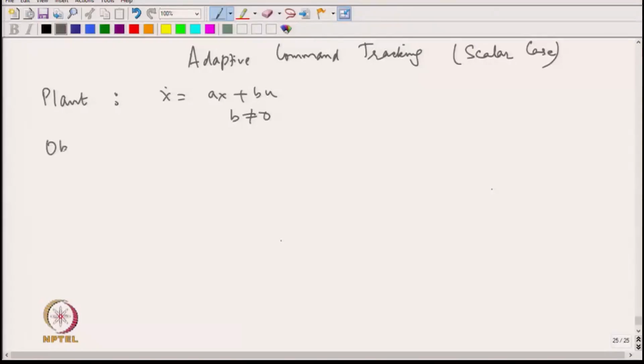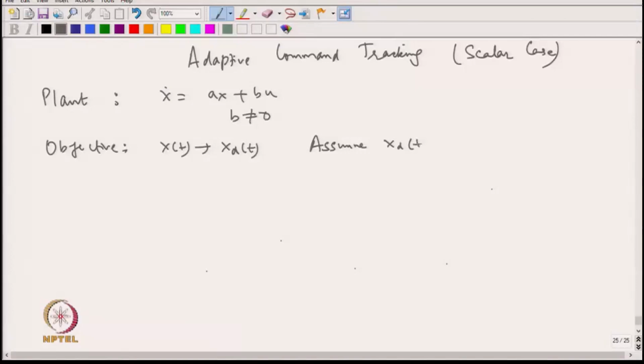So, there is no reference model here. We do not want x of t to follow some state of a reference model. Instead, the objective is given in terms of a desired trajectory, which is x d of t. So, we want x of t to follow x d of t. x d of t could be any time varying signal of your liking that you want the plant to follow, and what we assume here is that this desired trajectory is smooth, it can be differentiated, and these derivatives are bounded.